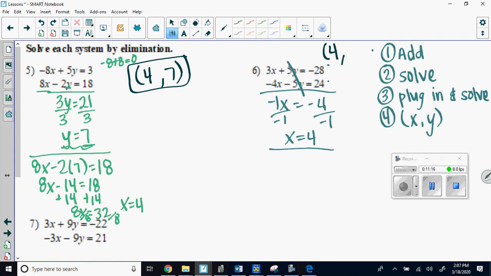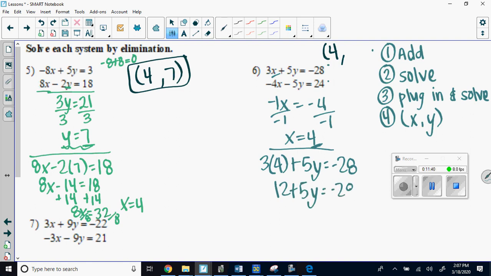Then I'm going to take that 4 and plug it into the equation I think is easier. So I would say plug it into the top equation. That's less negatives. 3, plug it in for x because it's x equals 3 times 4 plus 5y equals negative 28. 12 plus 5y equals negative 28 minus 12. 5y equals negative 40.